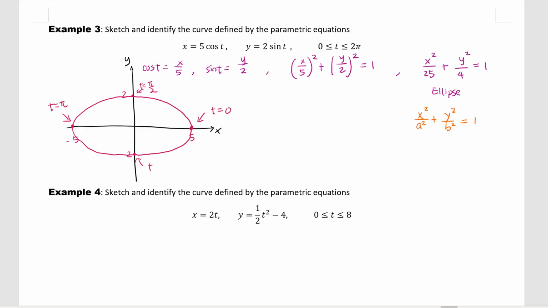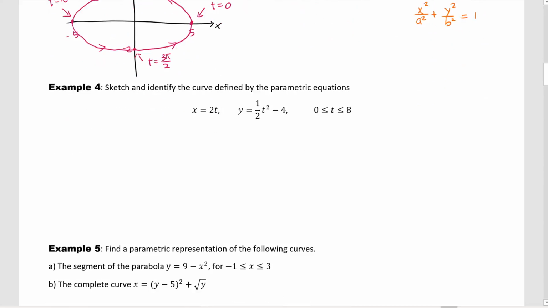And when t equals 3 pi over 2, we're at the point (0, negative 2). So now you can see that as t increases, the point is traveling counterclockwise along the ellipse. This is the xy relation, and we have the ellipse.